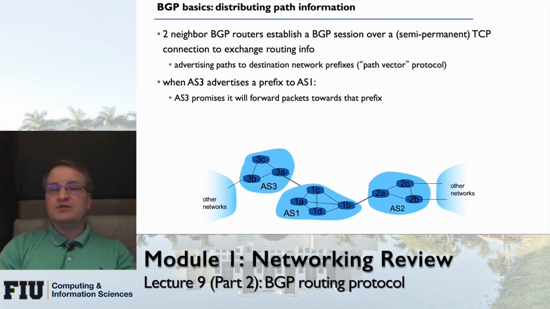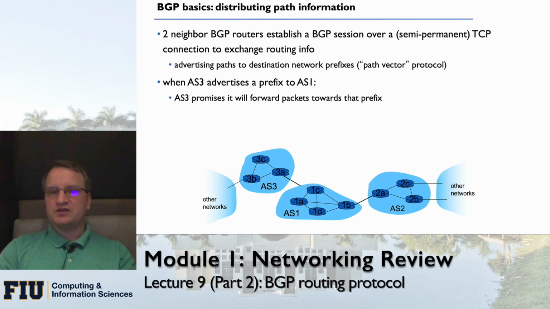As a network, you may receive these promises from different directions, and in the simplest or normal case, the basic logic to pick which way you go is based on the smallest path. So this is a much simpler metric than OSPF, similar in some sense to RIP, but without the limit of 16.